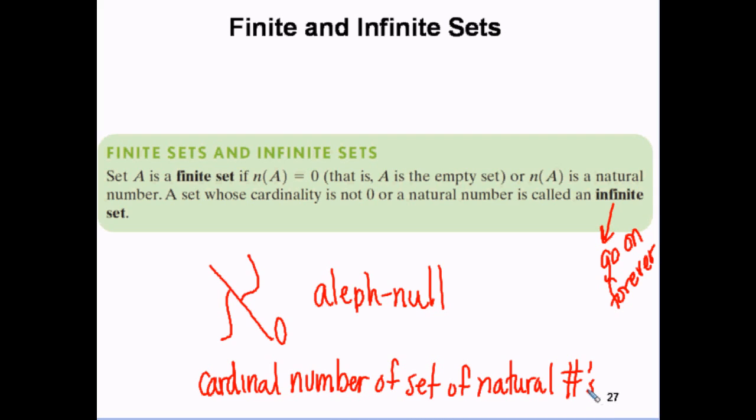If you see this, so if I had, let's say, set A is the set of natural numbers, okay, all natural numbers, then the cardinal number of set A would be Aleph naught, infinite. I can't just use the symbol for infinity because the symbol for infinity is actually not a number, it's just a concept. Infinity is not a number because a number has a set.